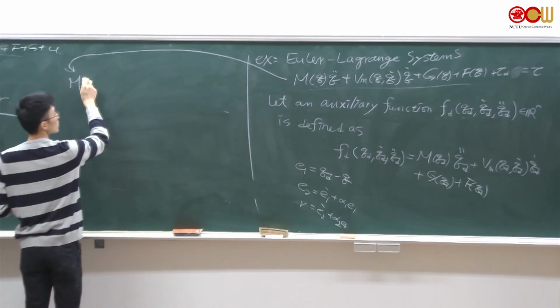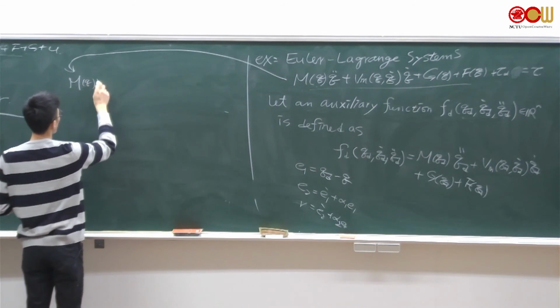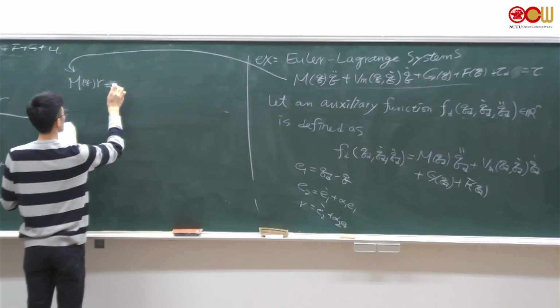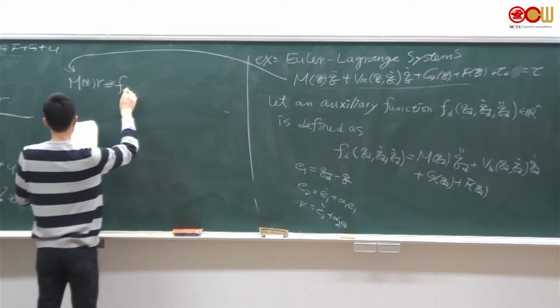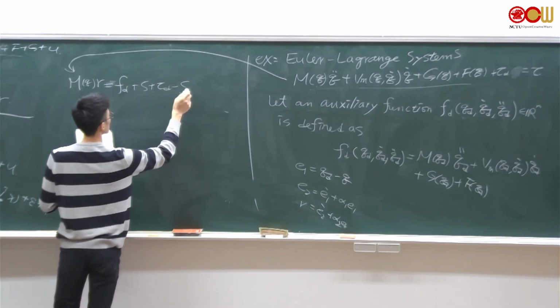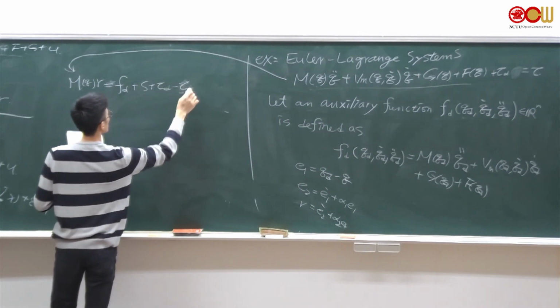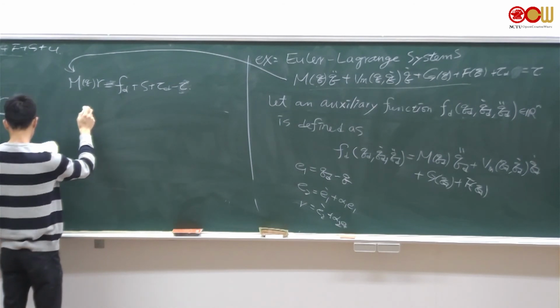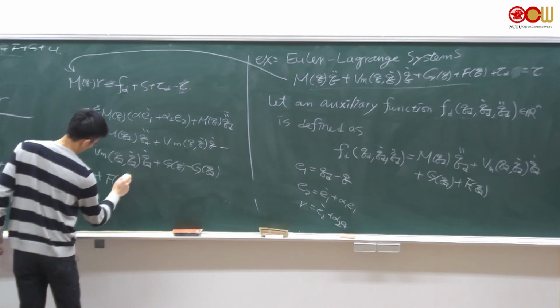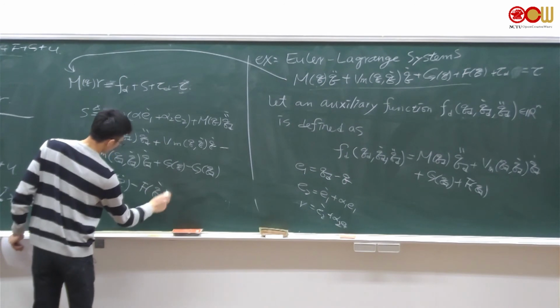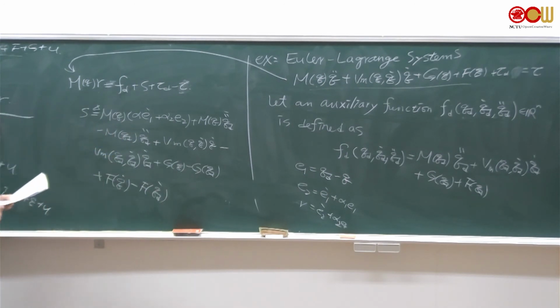as M r dot equal to FD plus S plus tau d minus e minus tau. FD is the auxiliary function, and S is defined as this.